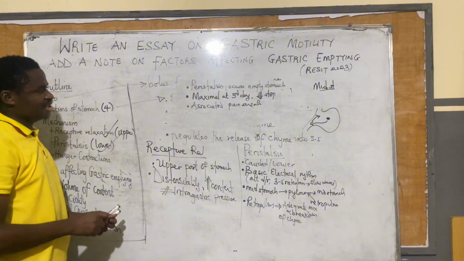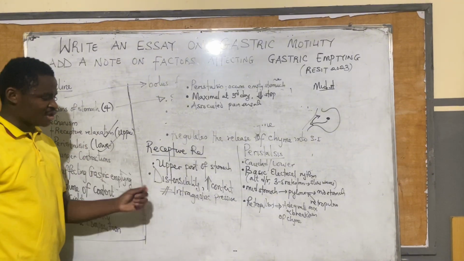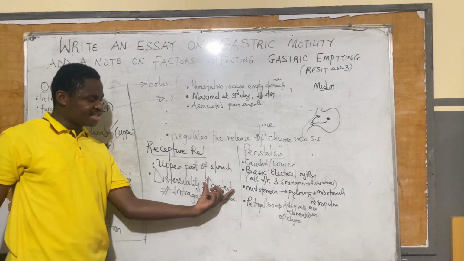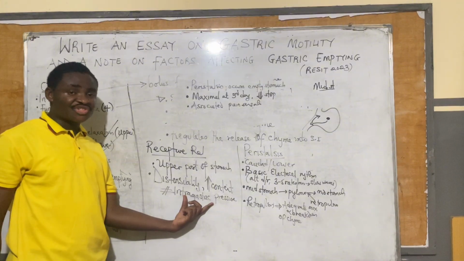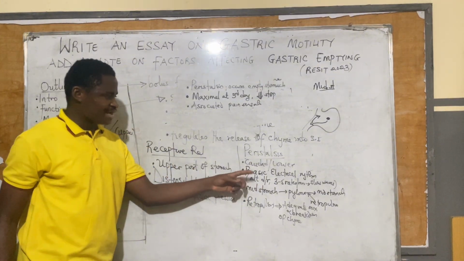So I've been able to appreciate them again, that for receptive relaxation, it occurs in the upper part of the stomach, the sensibility increases, increasing the digested food content that can enter, but this does not increase intragastric pressure. Peristalsis occurs in the lower portion of the stomach.